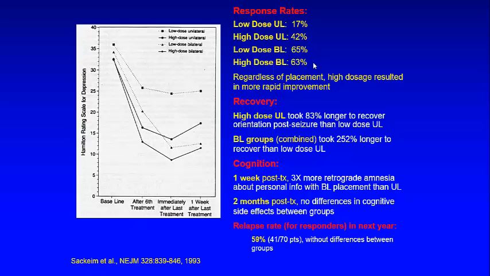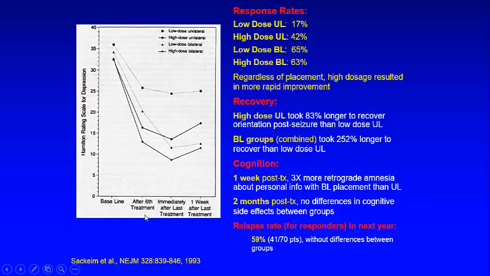So response is considered greater than 50% improvement in scores. Let's look at dimensionally the scores themselves. So you can see all 4 groups here at baseline have about the same score of about, say, 35, which is considered a pretty severe depression score.